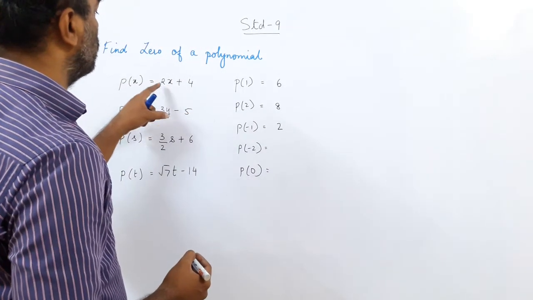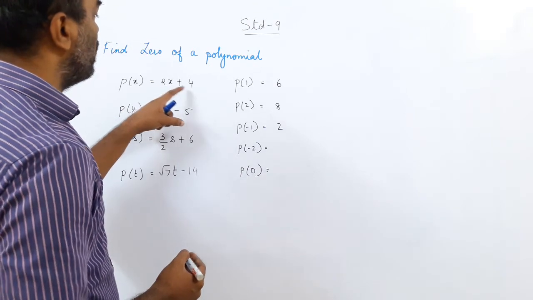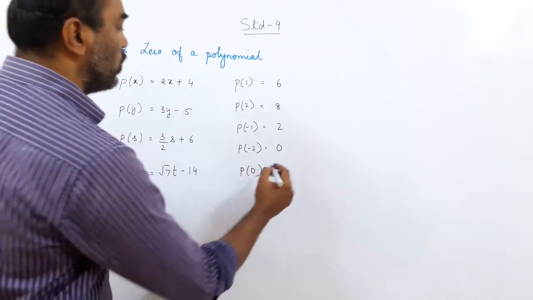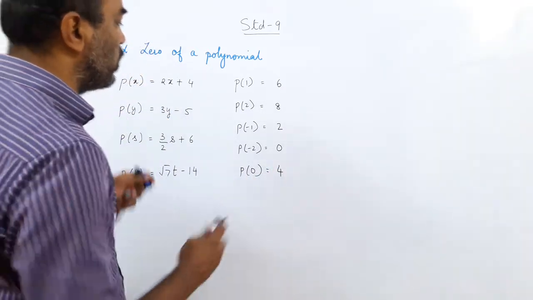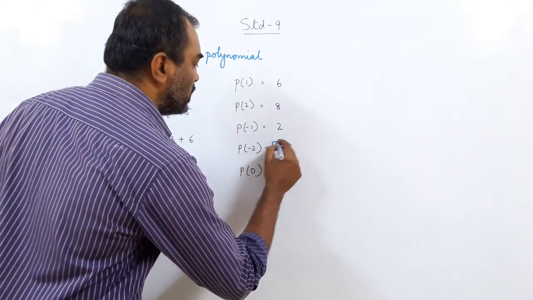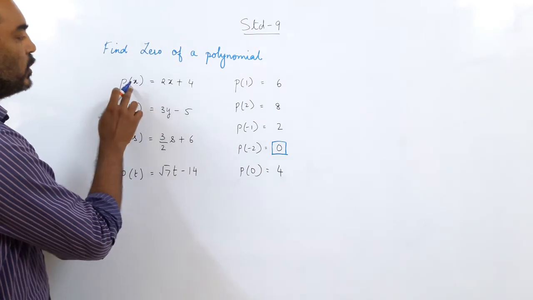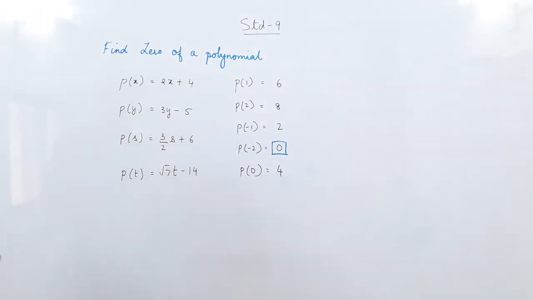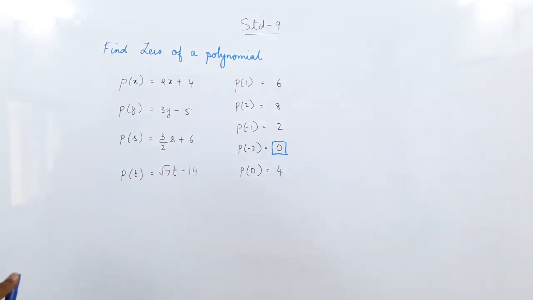I put minus 2, minus 2 into 2 is minus 4, minus 4 plus 4, 0. When I put 0, 2 into 0 is 0, plus 4. So what is the zero of the polynomial? Where does the value of the polynomial become 0? When you put x equal to minus 2, the value of the polynomial becomes 0. So this method is called the trial and error method.